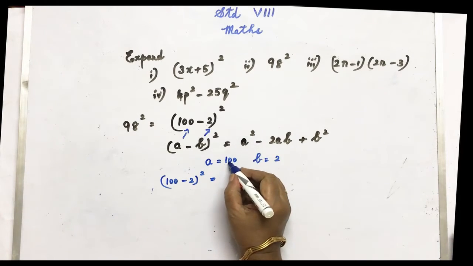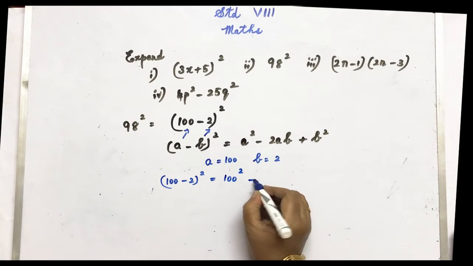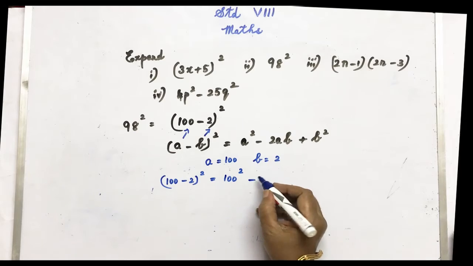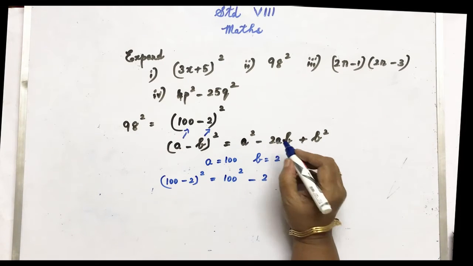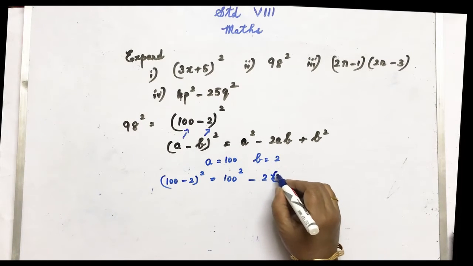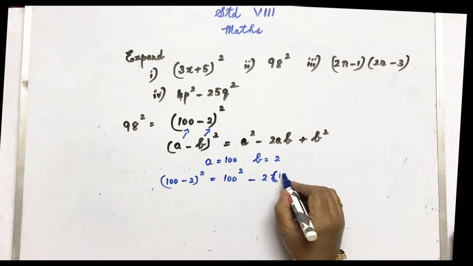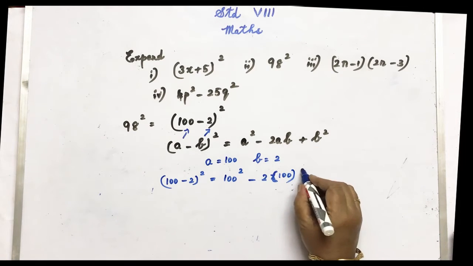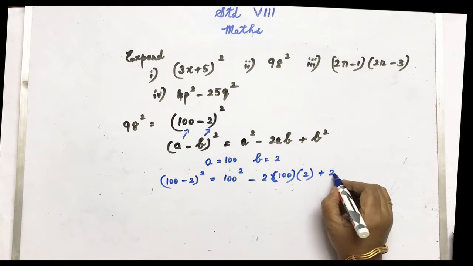So in the place of a we should write 100. So 100 squared minus, here minus is there, so same, minus 2ab. What is the meaning of 2ab? 2 into a into b. So 2 into, or we can put the bracket, in the place of a we should write 100, in the place of b we should write 2, plus b squared, that is 2 squared.